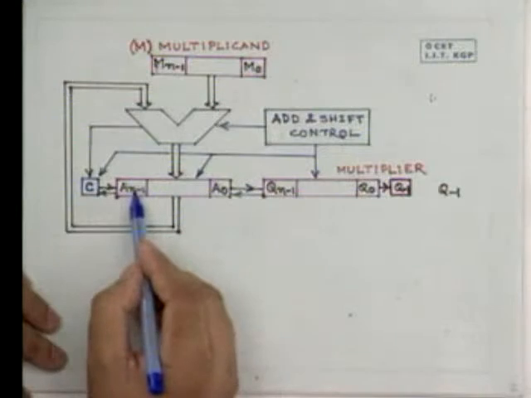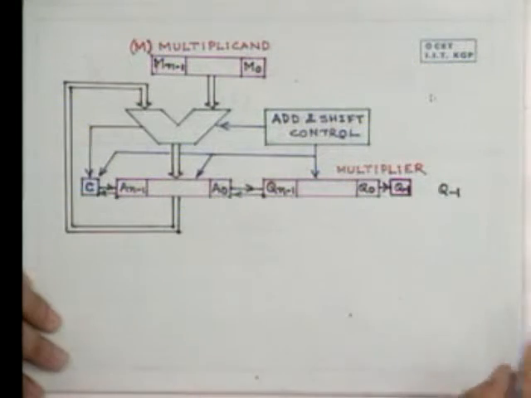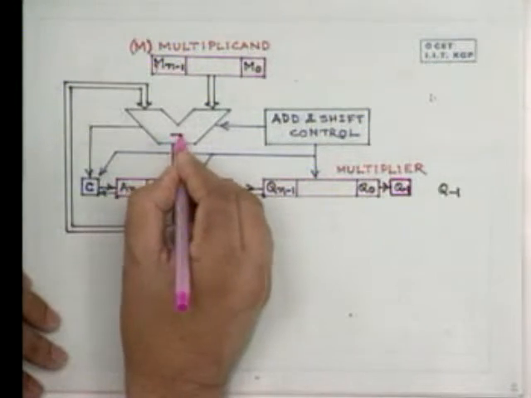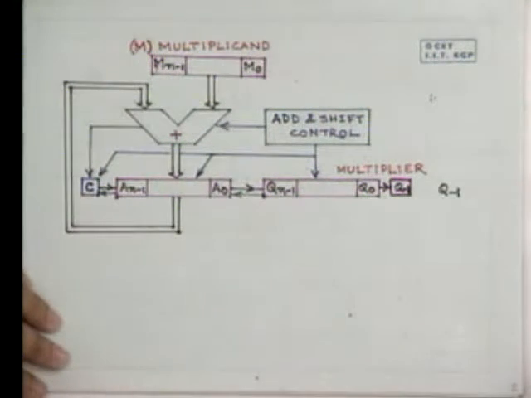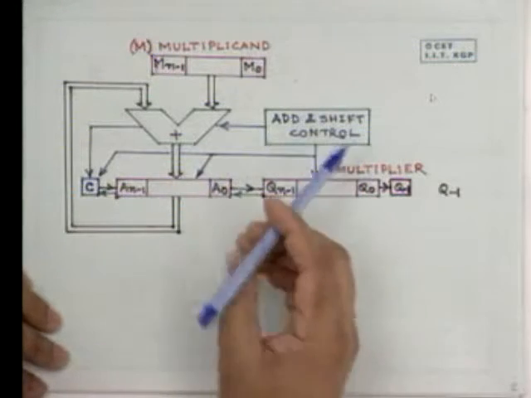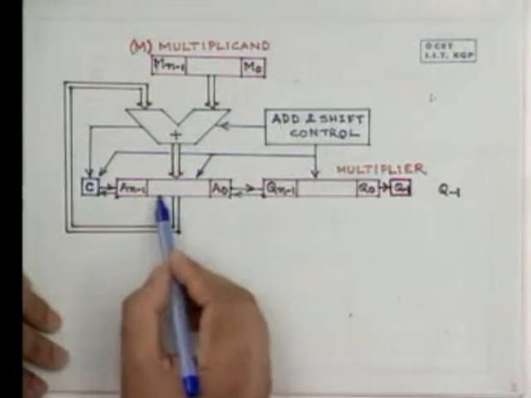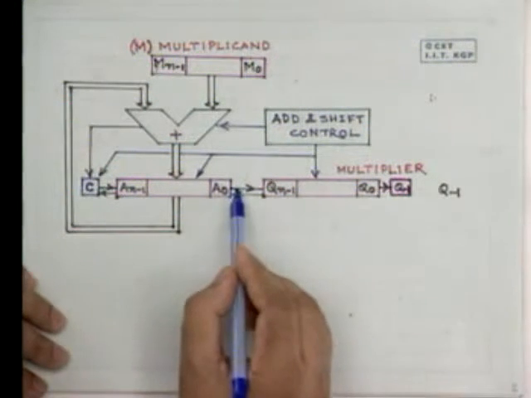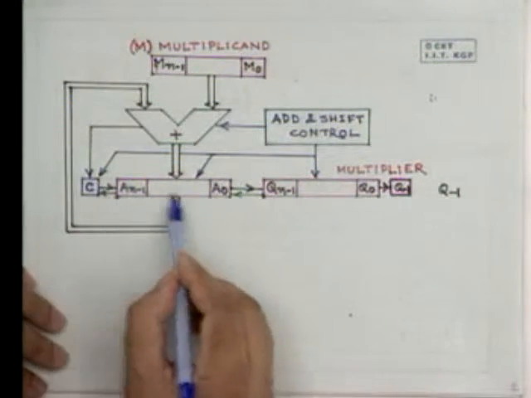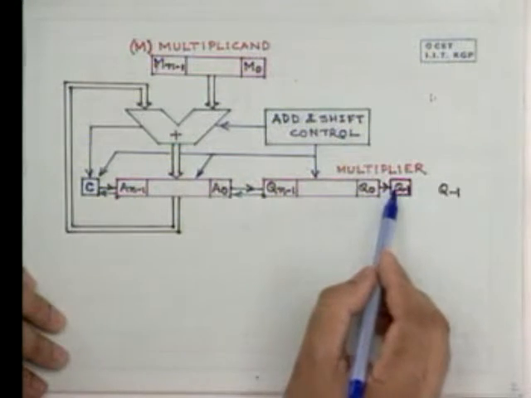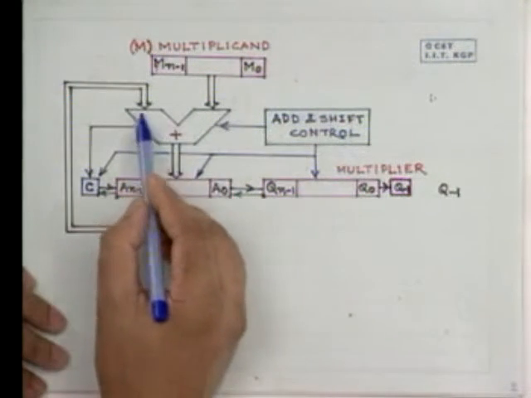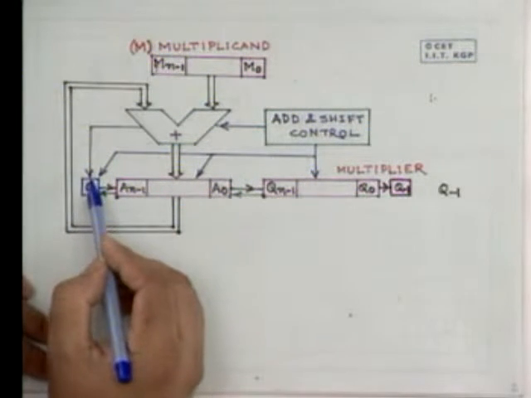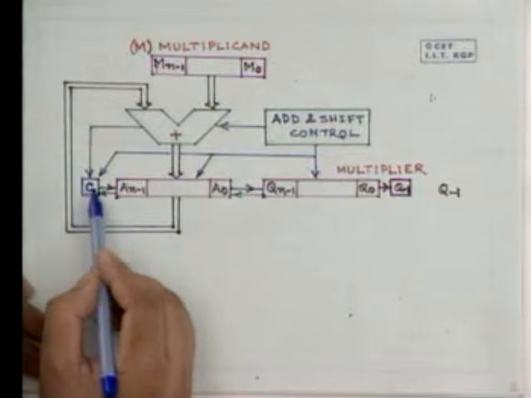That is also an n bit register. Here we have basically an adder, and the result, this n bit and this n bit, I can shift to the right. That means this goes to the right, this goes to the right, and when I am doing addition, if some carry is generated out of the most significant bit, the carry comes over here.